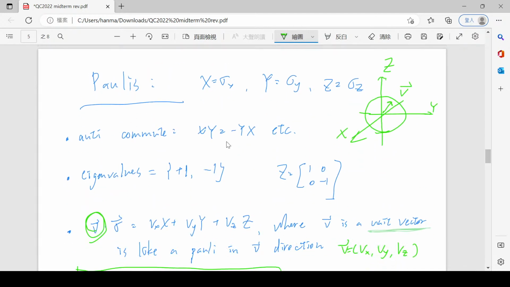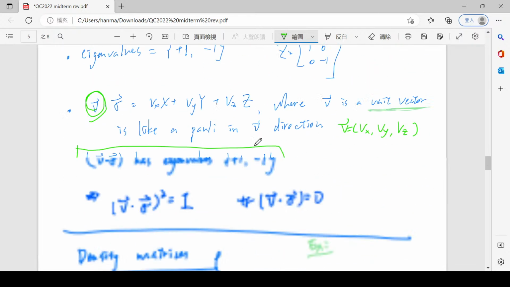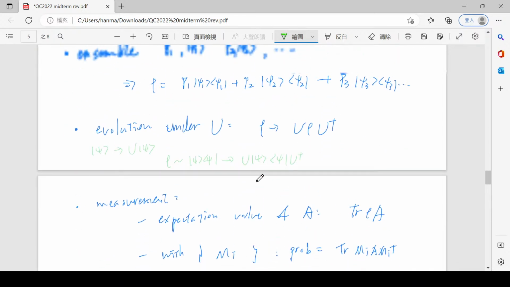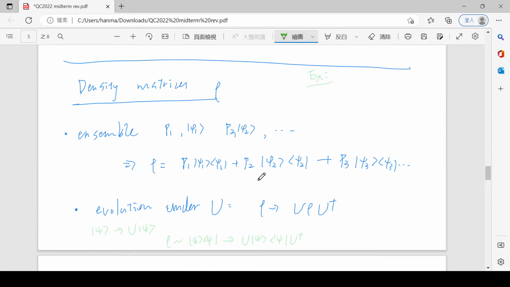And obviously this is also important. And then we spent a lot of time talking about these density matrices. The density matrix can be thought of in this ensemble interpretation.